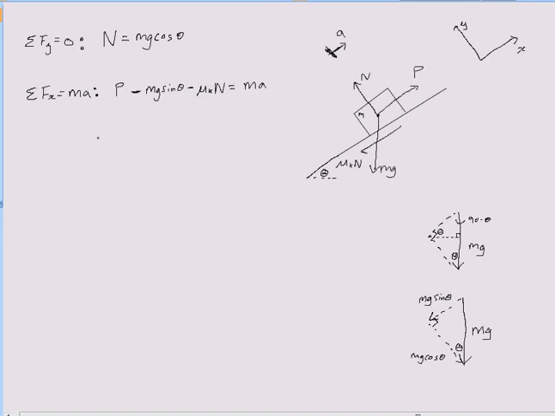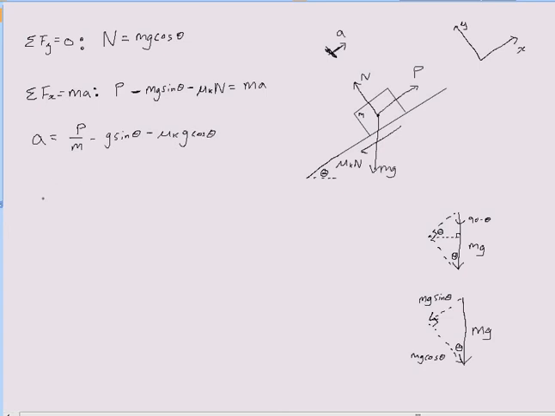Well, we can simplify this expression a little bit more by subbing in N and also dividing by m. So let me just simplify this equation I've just written here. And we can write a, the acceleration of your object, is going to be equal to P on m minus g sine theta minus mu k, and I'm just going to sub in N and divide by m, minus mu k g cos theta.